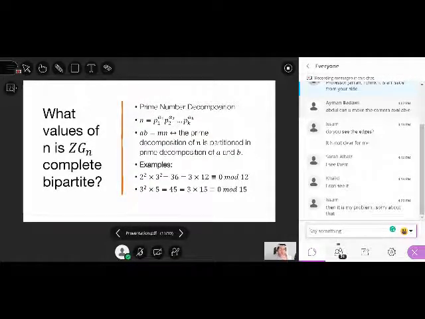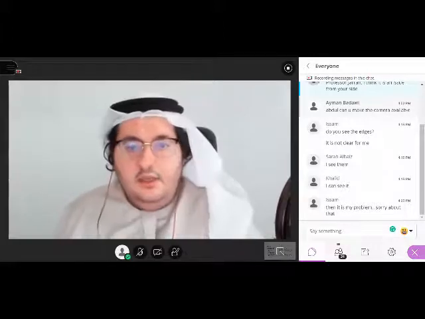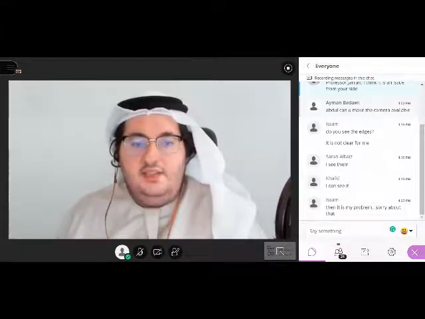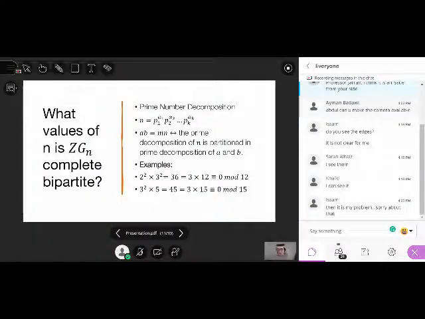So let's start with prime number decomposition. Remember when I told you, if you noticed, the relationship between the zero divisors and how you can divide these numbers? Well, that comes in very handy. In a sense, for every integer, we can decompose it to a set of primes that are multiplied to each other, and have some power.